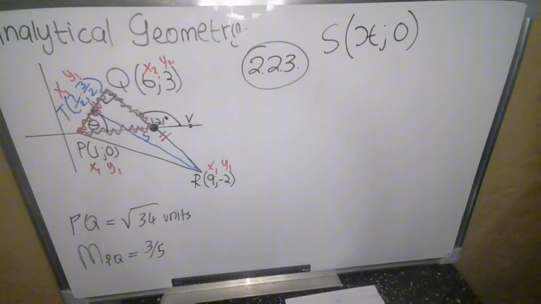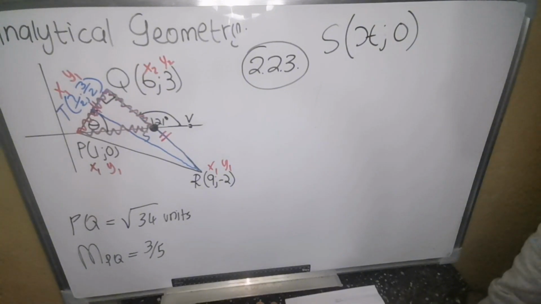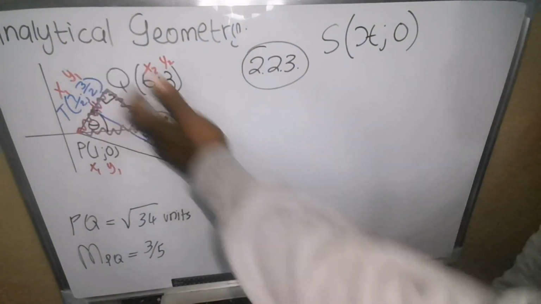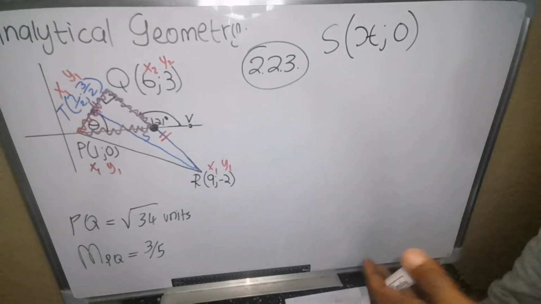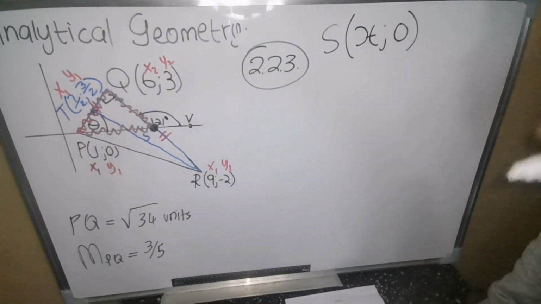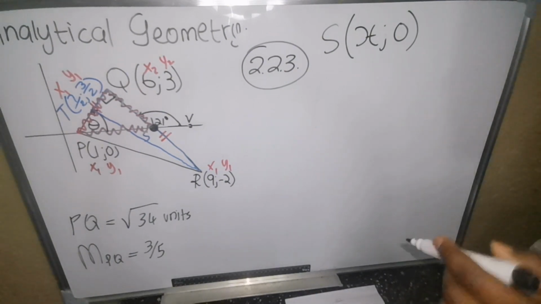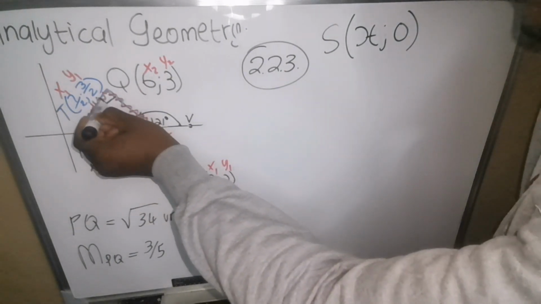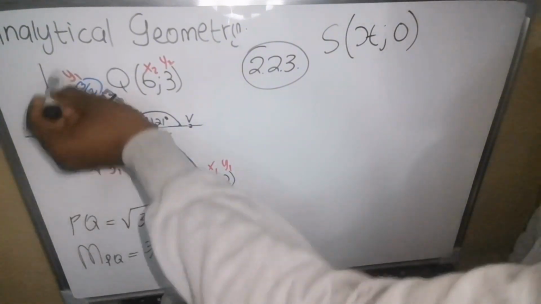So I just write the equation of QR. How do we find the equation of QR? Remember that we are given the gradient of PQ. For us to find the equation of QR, we ought to know the gradient of QR. Remember, there is a 90 degree angle between QP and QR.